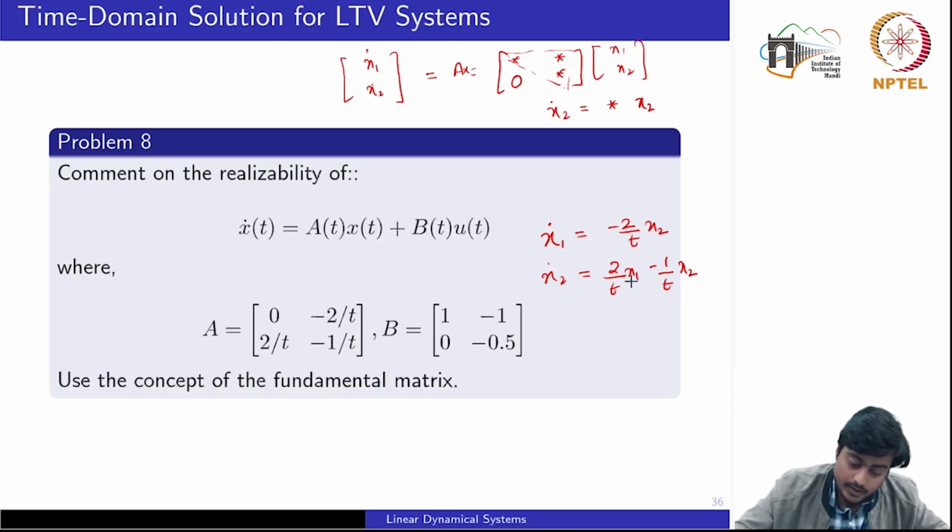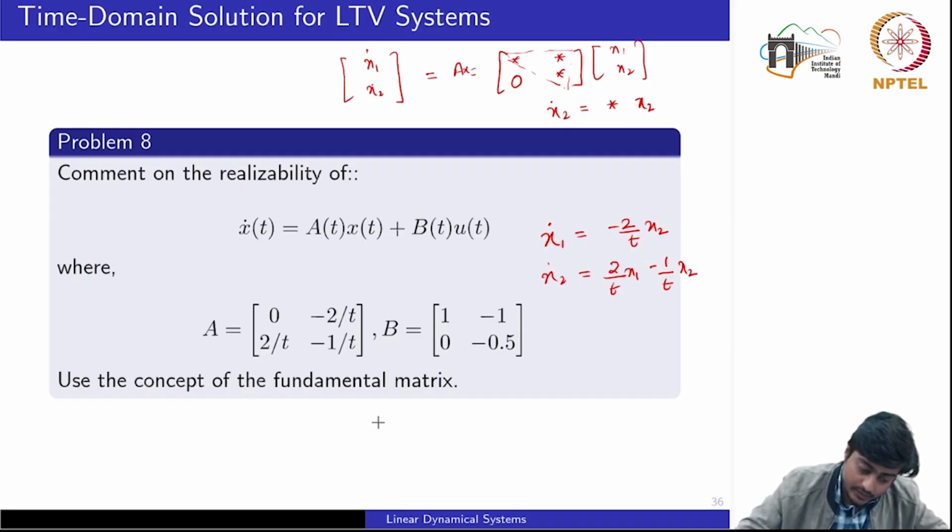So to address this issue, first of all, we'll try to see whether, given this A matrix, we are able to obtain this matrix into a form where the x2 state can be computed separately, or the x1 state can be computed separately.